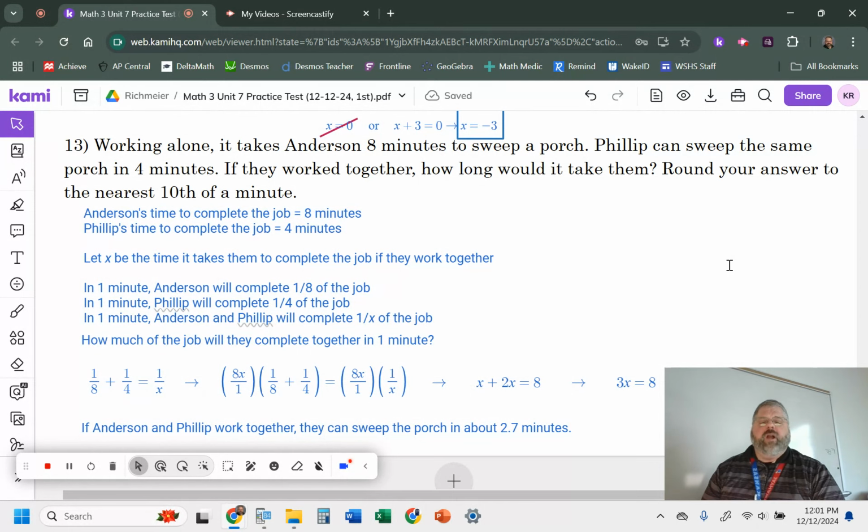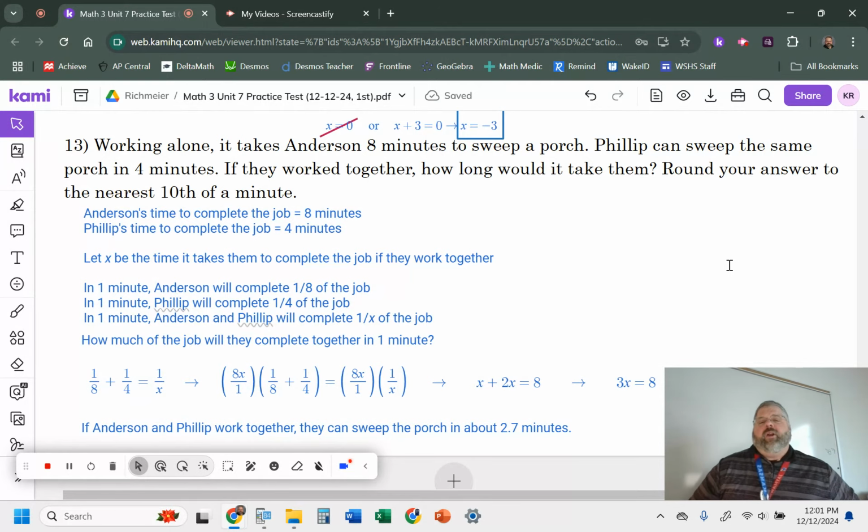How much of the job will they complete together in 1 minute? I take the amount that Anderson would complete in 1 minute, 1/8, and add that to the amount that Philip would complete in 1 minute, 1/4. So we have 1/8 plus 1/4, and that's going to give me the amount of work that they would complete together in 1 minute if they were truly working together. So that's going to be equal to 1 over x.